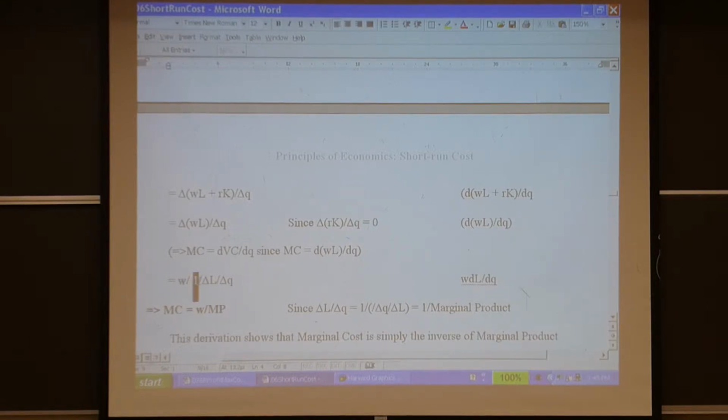It's just W times that, which is the same as W divided by, let's change this, like this.